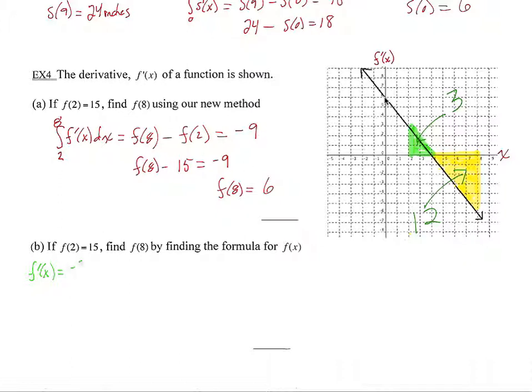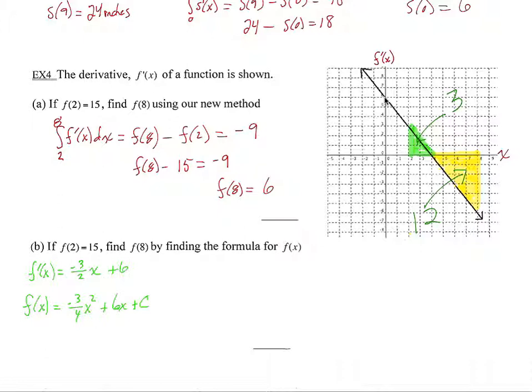So the equation for that line is -3/2 x plus 6, which then means that f of x would be the antiderivative of that, which would be -3/4 times x squared plus 6x plus some value of c.